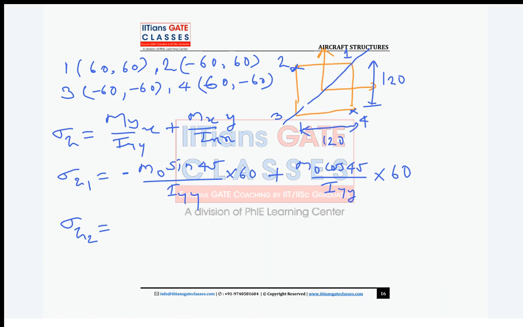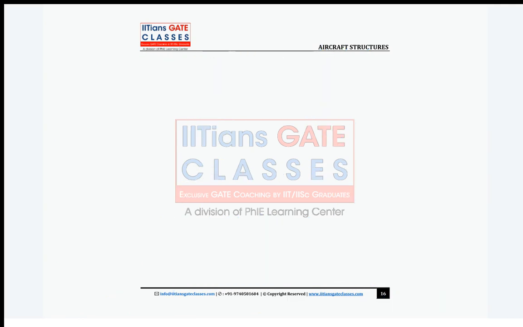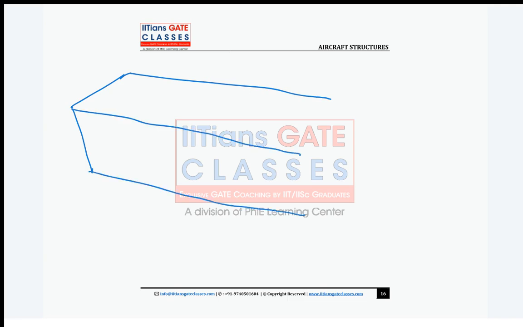So now guys, if you see the 3D view, let's draw the beam first. So square beam. In this square beam, what did they give?